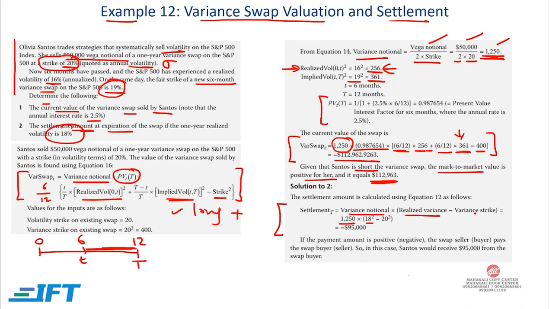So realized variance minus variance strike, which is 20 squared. So this is minus 95,000. And again, this is from the perspective of the long party, but Olivia Santos is short. So from the short party perspective, the benefit is going to be plus 95,000. So that is how much Santos will receive.